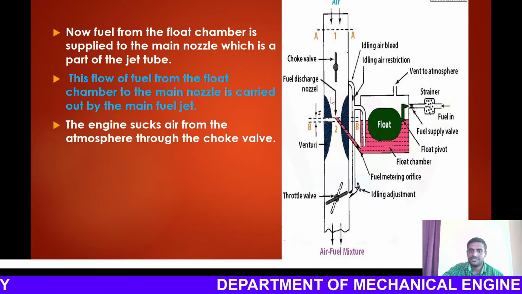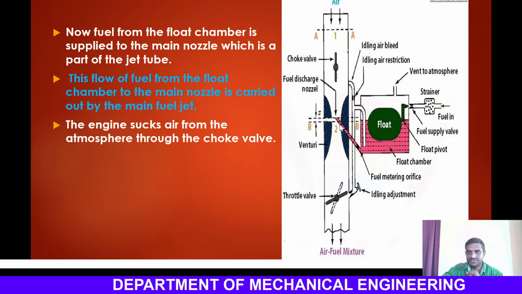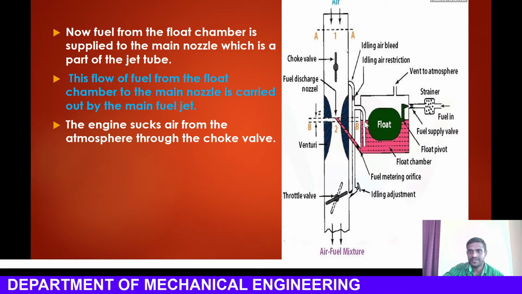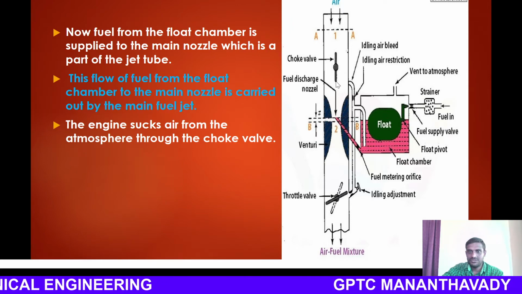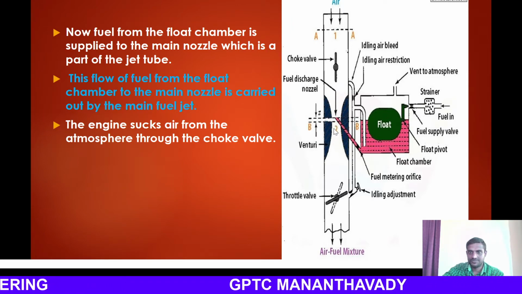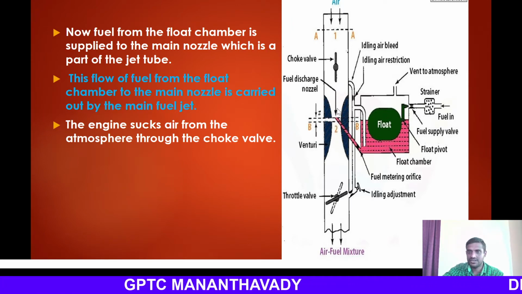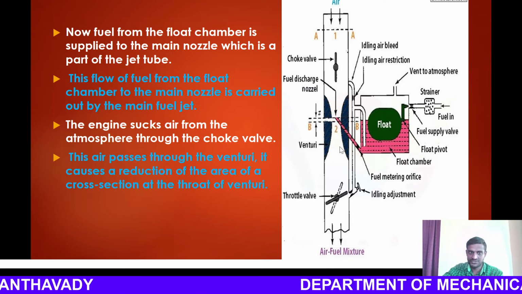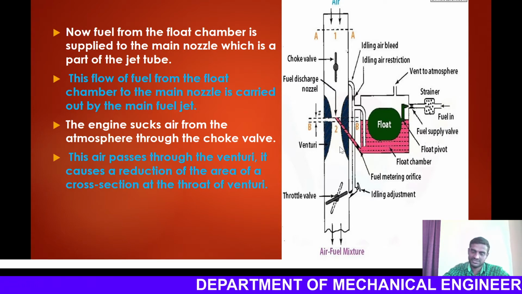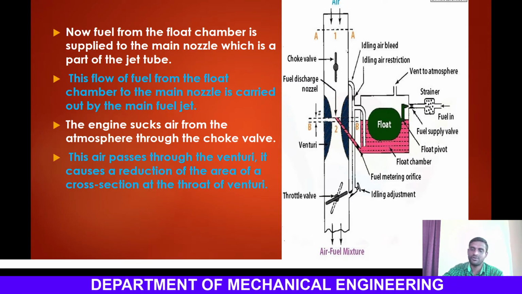As the air flows, when it reaches section 2, that is the BB section, what will happen? The velocity of the air is increased due to the reduction in the cross sectional area. As the velocity increases, a low pressure is created. When air passes through the venturi, the area of cross section reduces at the throat of the venturi.